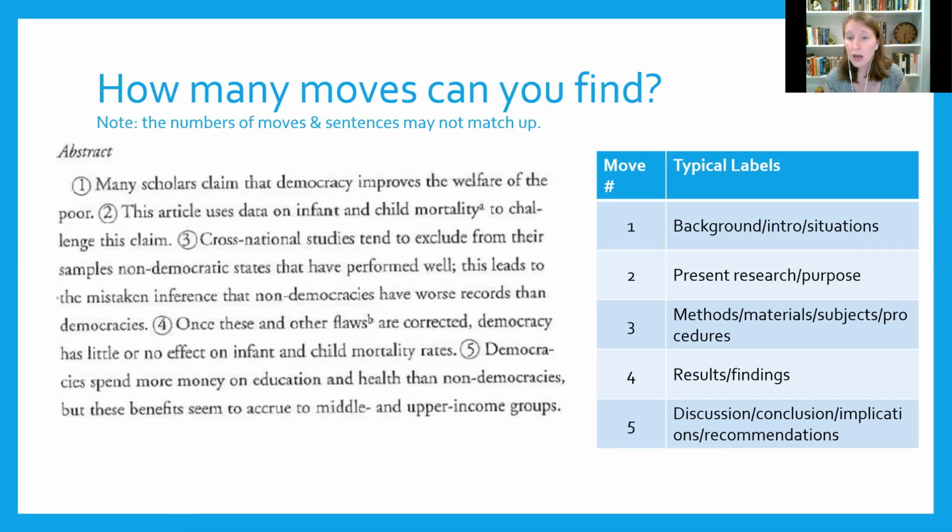So we do know that they are looking at their data in a certain way to correct some of the errors from previous research. So we're not given anything specific about the methodology, but we are given a little bit of a hint in terms of how they're going to organize and interpret their data, which I would argue could be part of a methodology section, just not super specific.